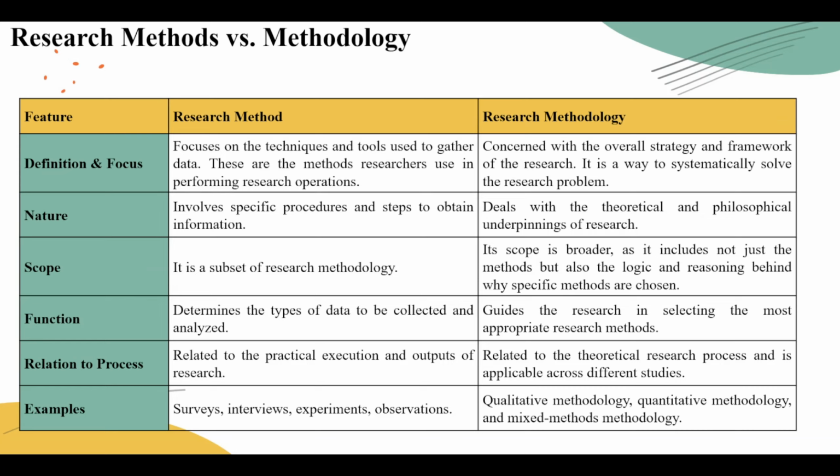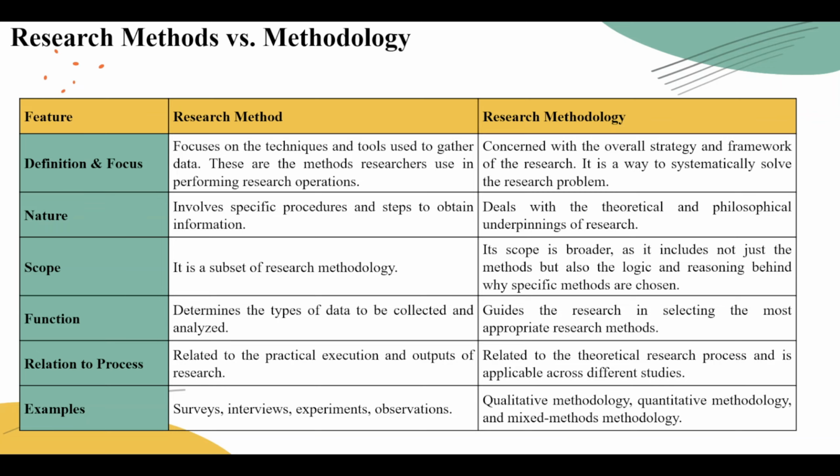Methodology has a much broader scope because it includes not only the methods themselves but also the fundamental logic and reasoning behind exactly why those specific methods were chosen in the first place. If you are writing a methodology chapter, you cannot just list what you did. You must rigorously defend why you did it.